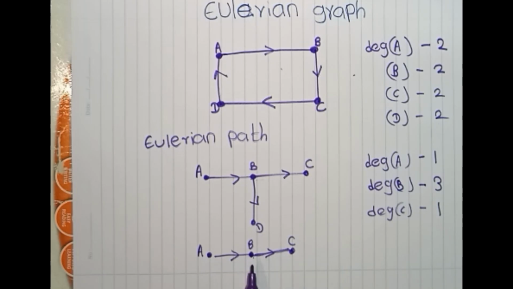This also has an Eulerian path, not an Eulerian circuit. So that is called a Semi-Eulerian graph.